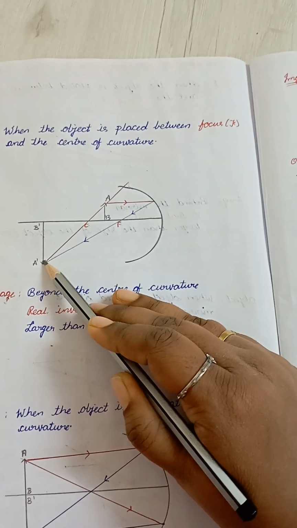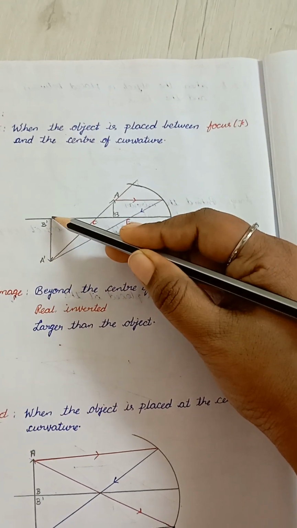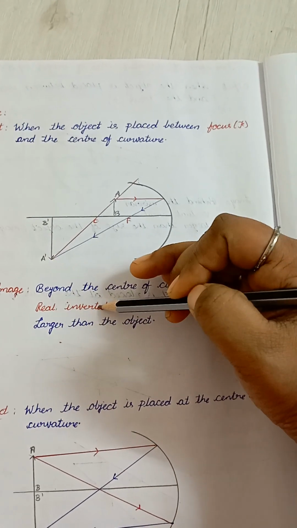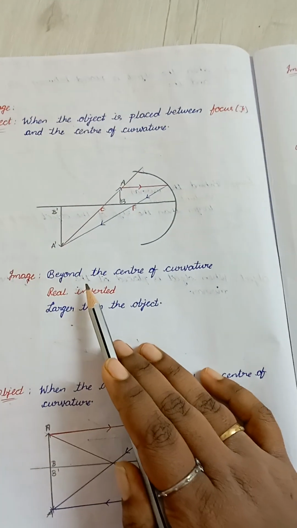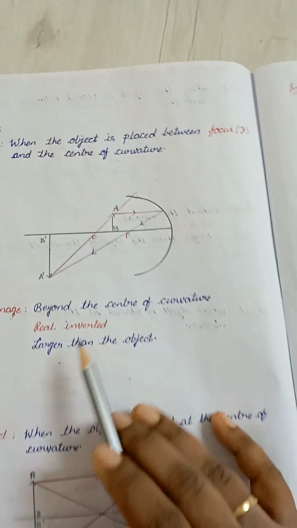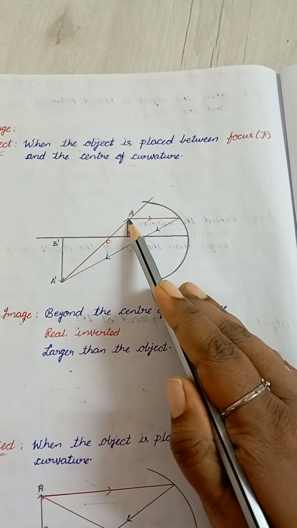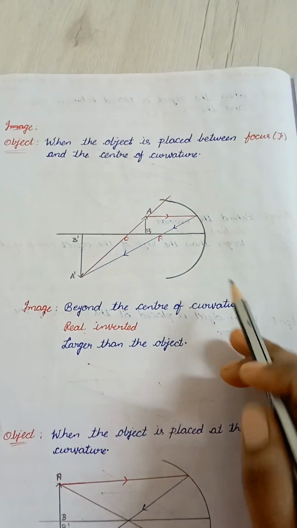So it will meet here. Where the two reflected rays meet, we will get the image. See how we are getting real and inverted. Where will we get it? Beyond the C, beyond the center of curvature. The image is real and inverted, larger than the object.